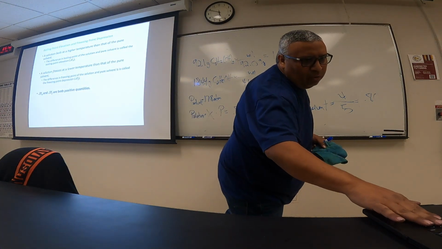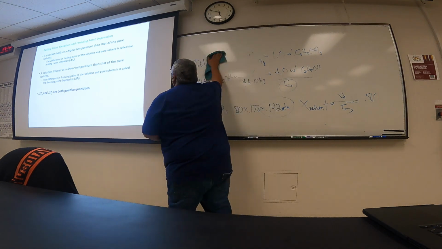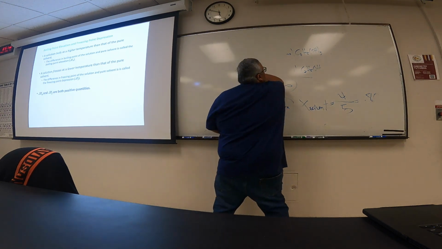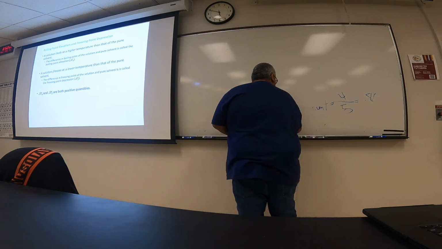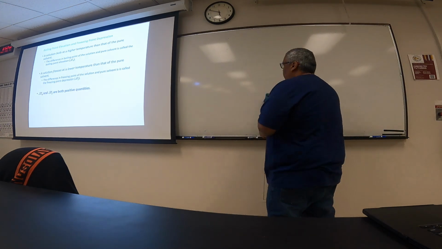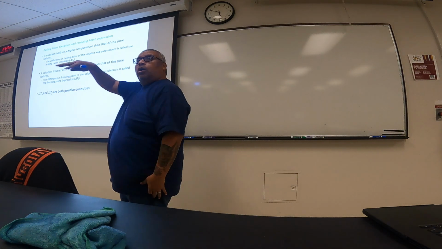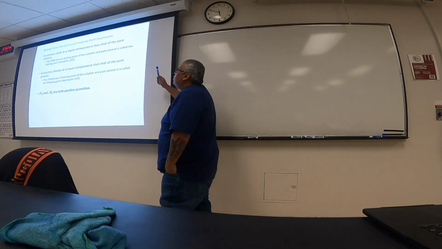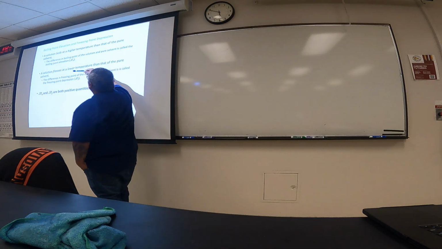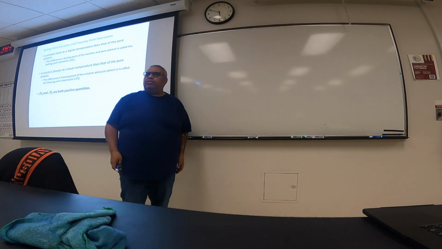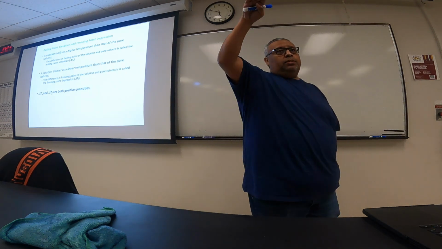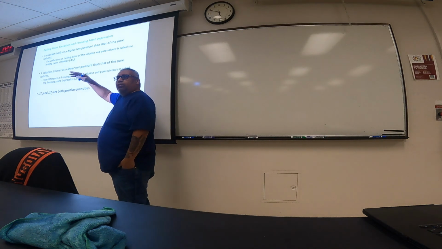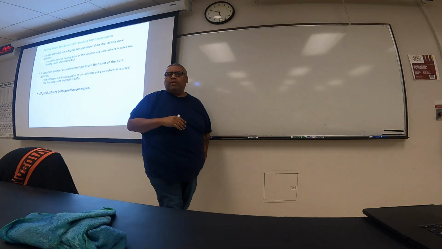But in order to change the boiling point of a solvent, we add a solute to it, and it changes that boiling point. When we do that, we actually increase the boiling point temperature. So by adding a solute into the solvent, we raise the boiling point temperature.